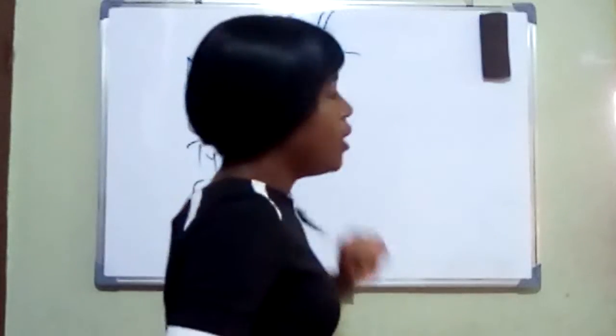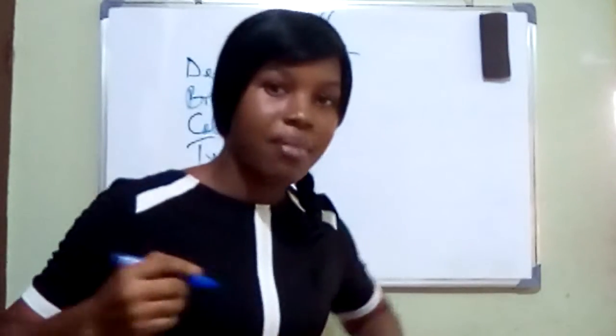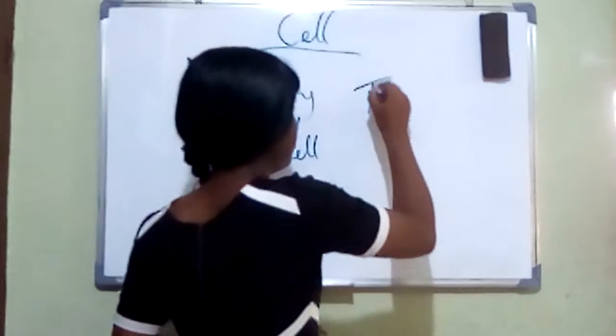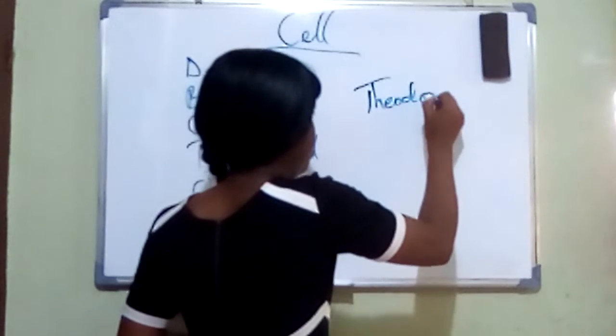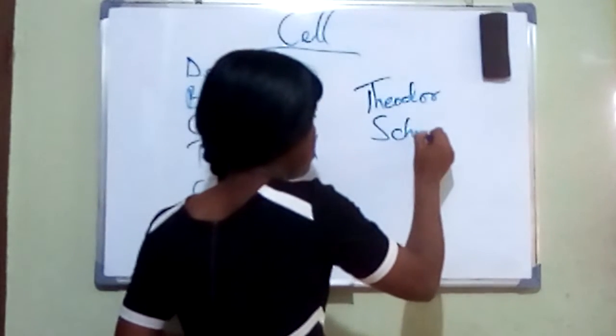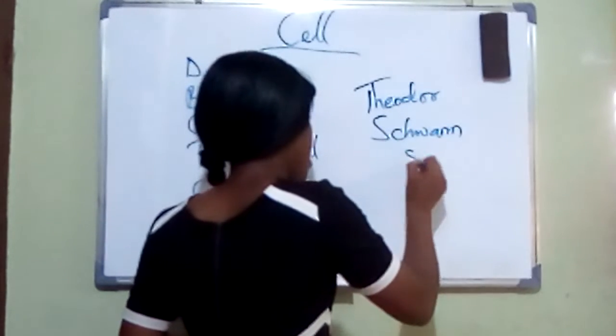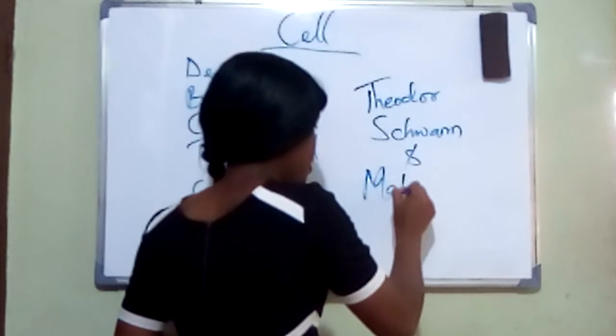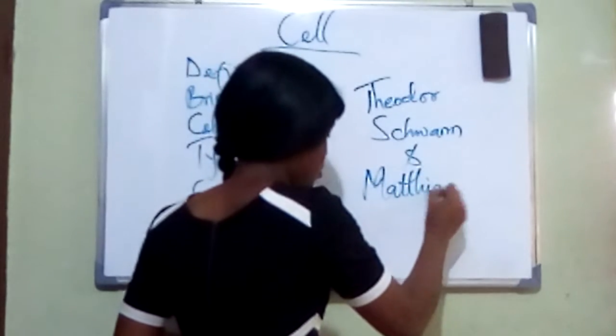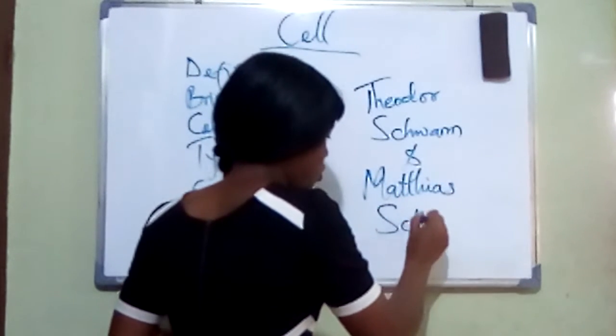So, the two main scientists that formally articulated the cell theory are two German scientists, Theodor Schwann and Matthias Schleiden.